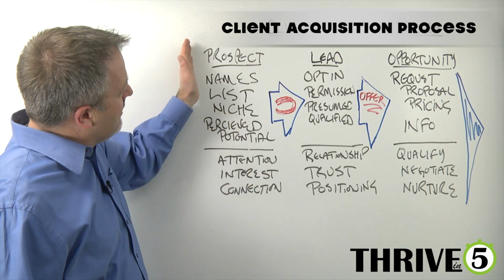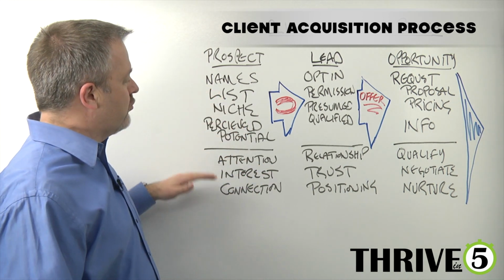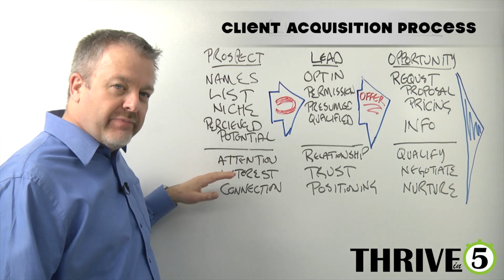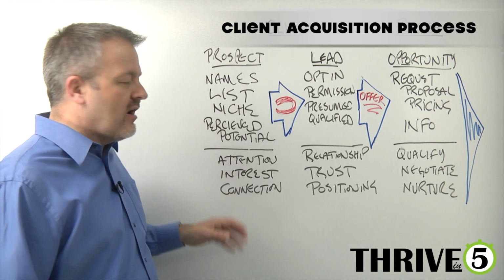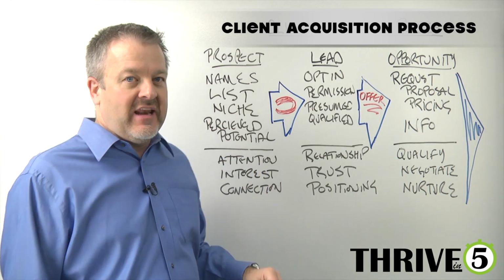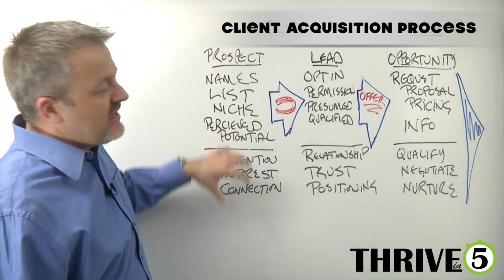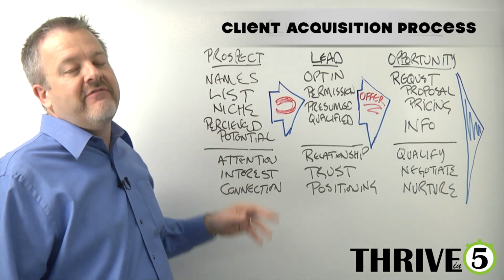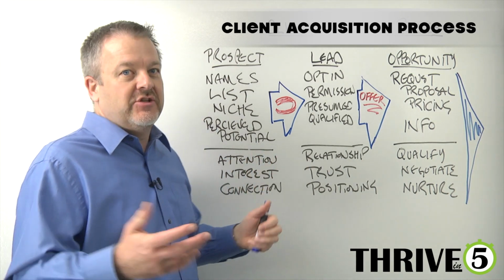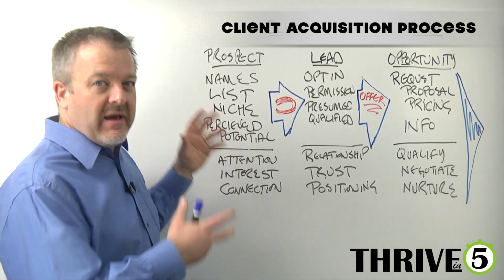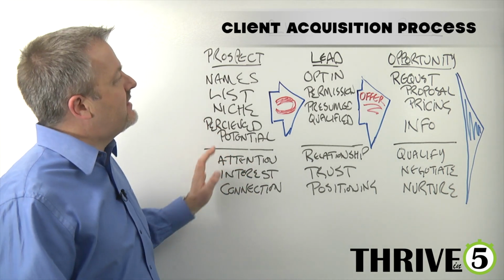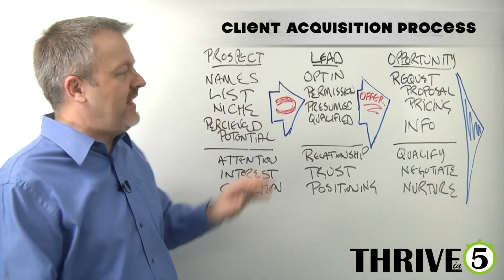It's your job in this stage of marketing to work to attract attention, to build interest in who you are, and to make some kind of connection. This can all be done in a marketing approach, because ultimately, these people have never agreed to be marketed to. You're just choosing them as a list, as a series of names, and you're going to market to them in a way to get them to become a lead.